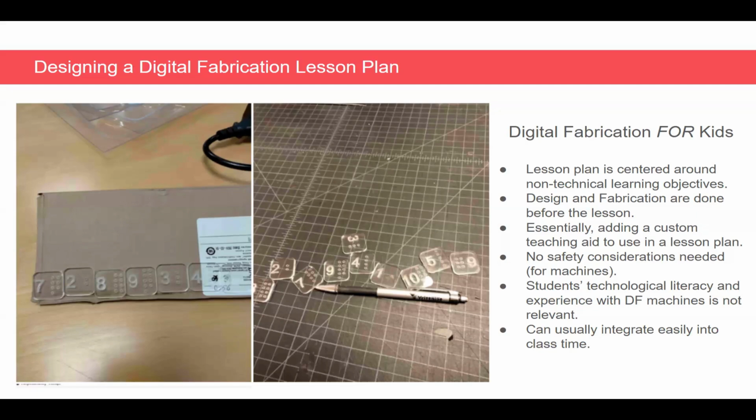The students' technological literacy, their experience with digital fabrication processes and machines, is not really relevant because they're not putting their hands on the tools. And then typically you can integrate these easily into class time. So it's like adding a physical teaching aid to a lesson plan that can be done in your class time.